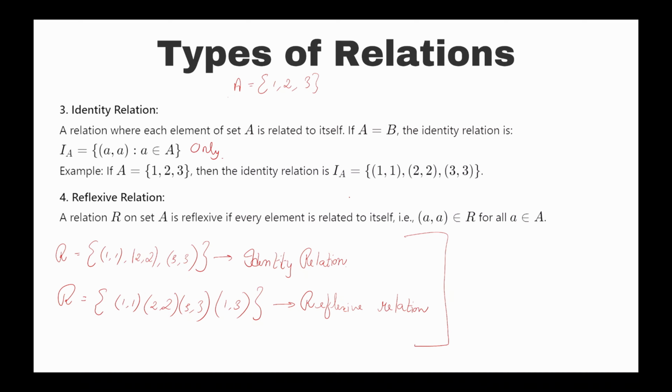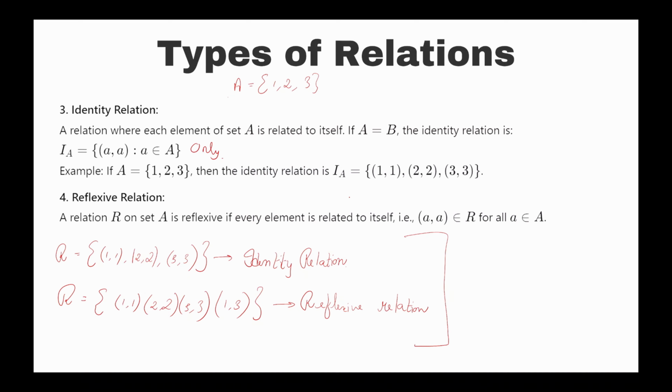What is an identity relation? Identity relation means that each element of set A can be related to itself. So let's say if I have, in my set A, let me assume this is my set A, I have 1, 2 and 3. So now this is the set that I'm using.